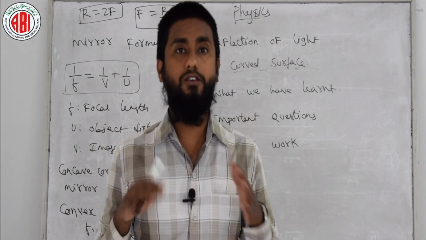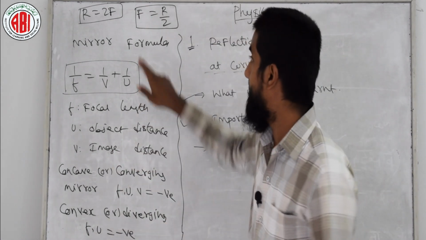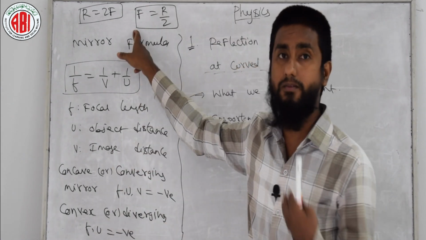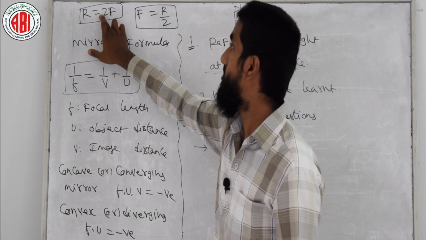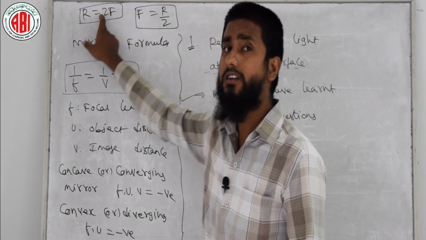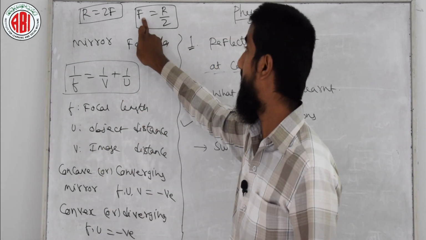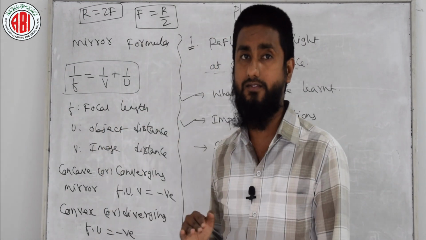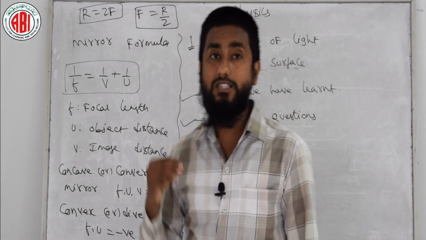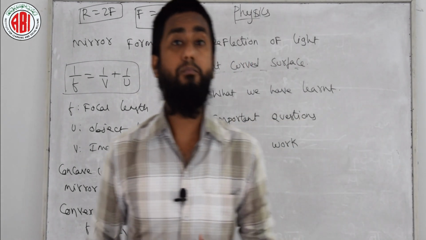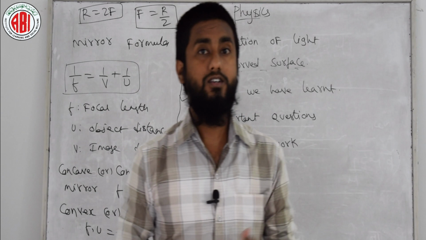If you want, you can write this small relation and remember it. r is equals to 2f, that is, double the focal length is the radius of curvature, or else focal length is equals to half of the radius of curvature, that is r by 2. This is a very important thing you need to apply while solving problems.